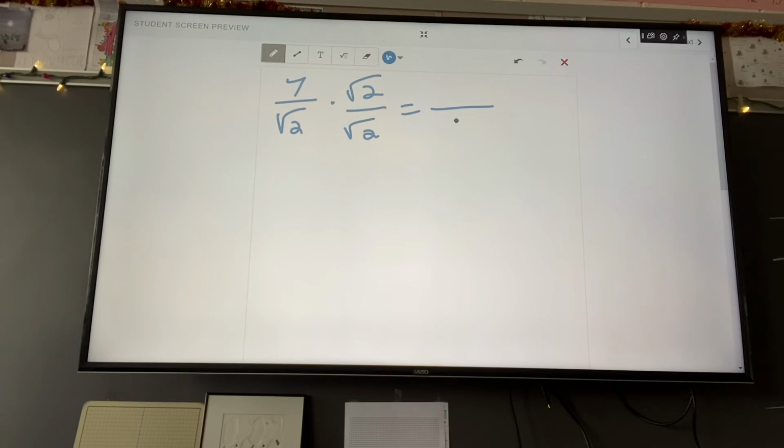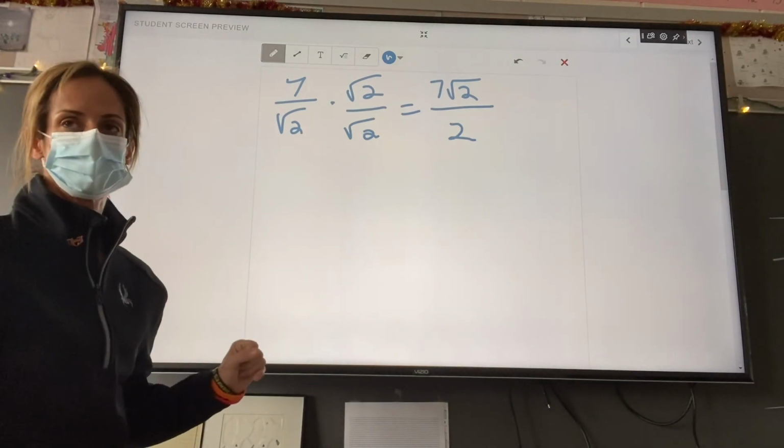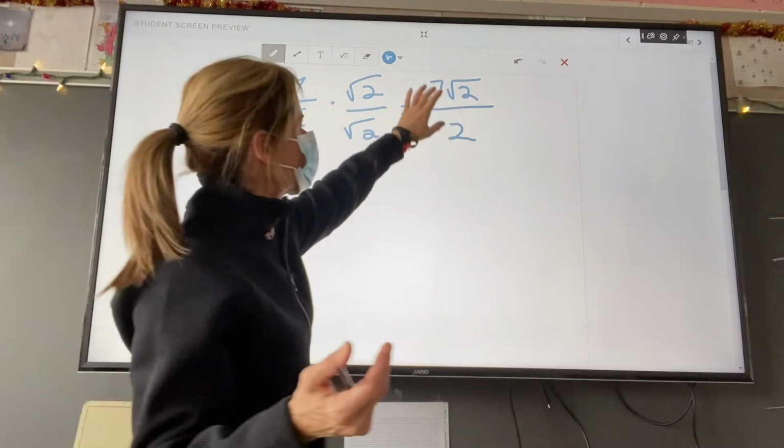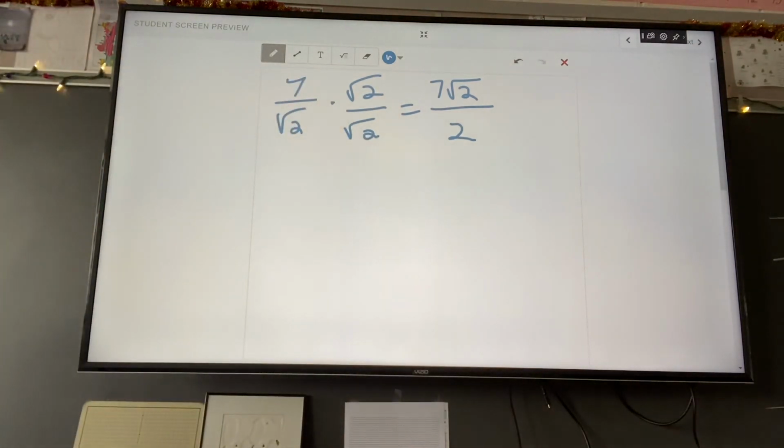So the denominator is just going to be a 2. And this is 7 root 2 over 2. Now, we're almost done. We need to check and see if it's simplified. Does 2 go into 7 evenly? No. And we're done.